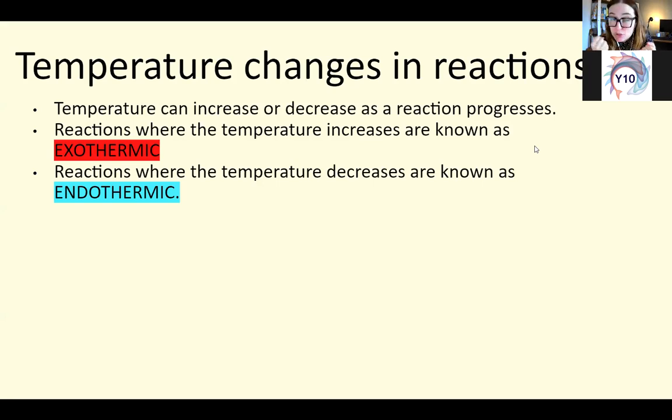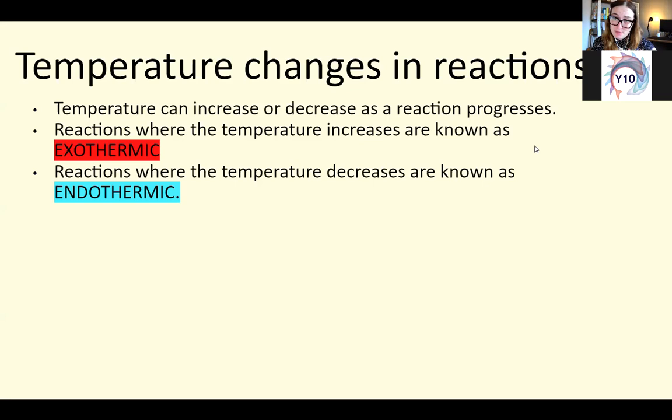Thermic, heat. So as soon as you hear exothermic and endothermic, what we should be thinking about is heat. Exothermic is heat exiting the system. So it's where heat is released into your surroundings and the temperature increases. And that makes sense. To help with your memory, I've tried to always put exothermic in a red box so you can think about it as a temperature rise.